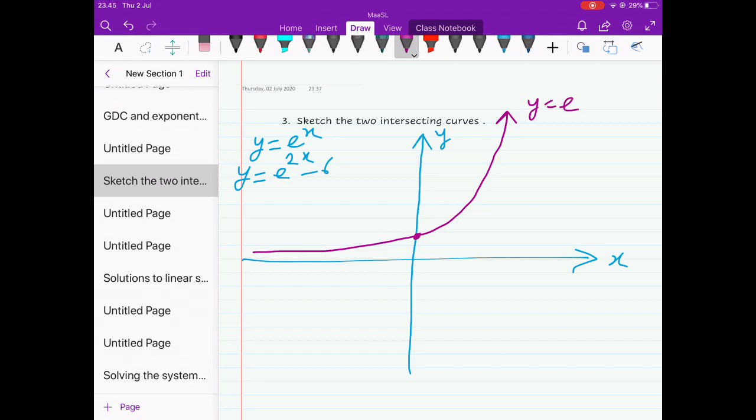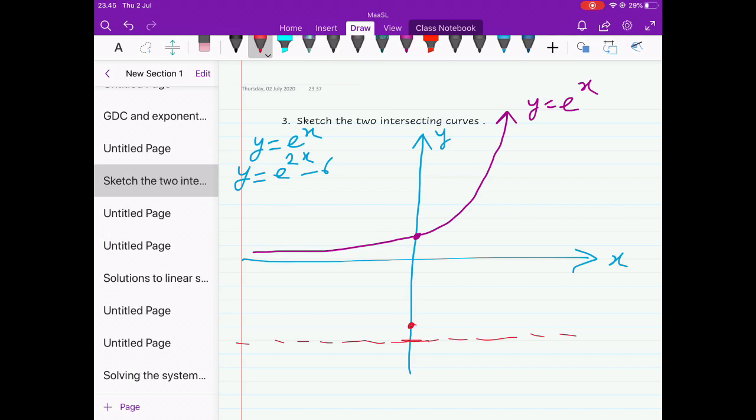We can sketch the curve somewhat like this: y is equal to e raised to power x. Similarly, for the second curve, we have to mark the asymptote first. No need to scale, just show the asymptote is this line. What is the y-intercept when x is 0? It is negative 5. We can show it here with our pen or pencil. When y is 0, what is the x-intercept?